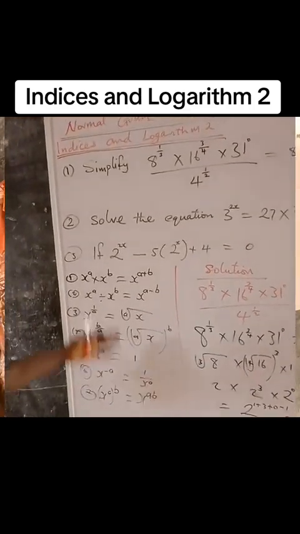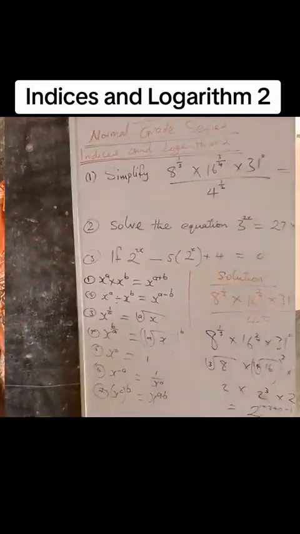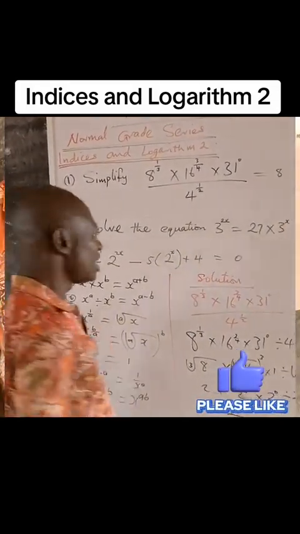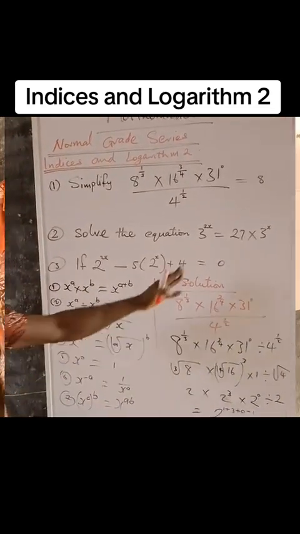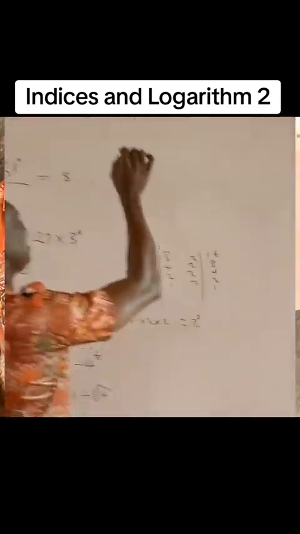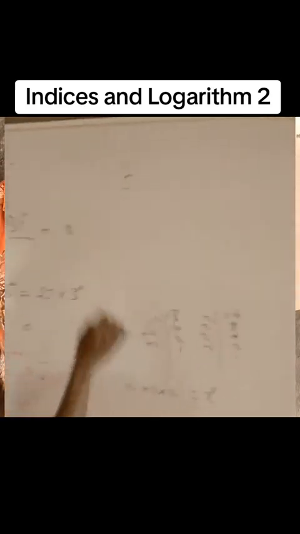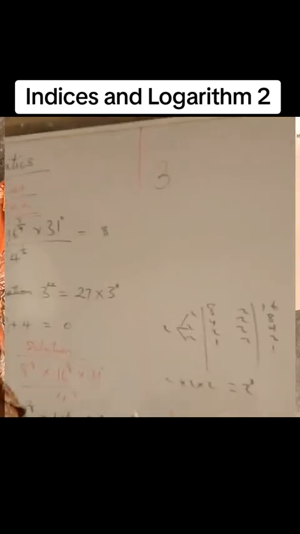Alright, let's go to question number 2. As I told you, our question number 2 is an equation. The work we have to do here will be to find the value of x that makes this particular equation true.